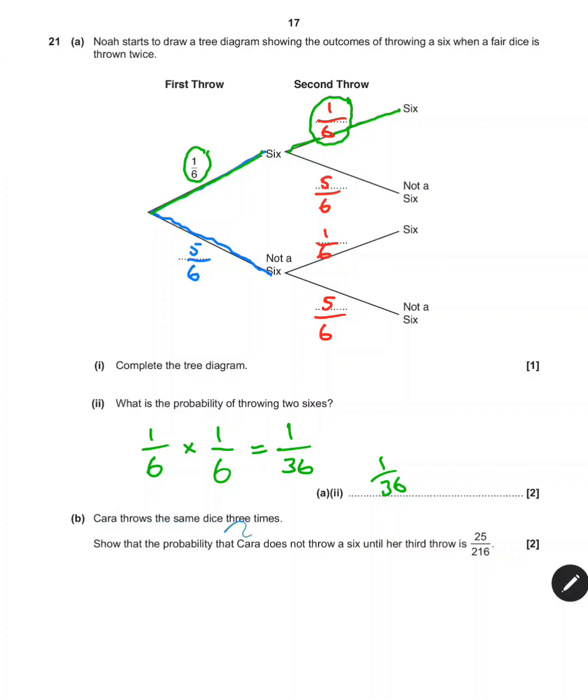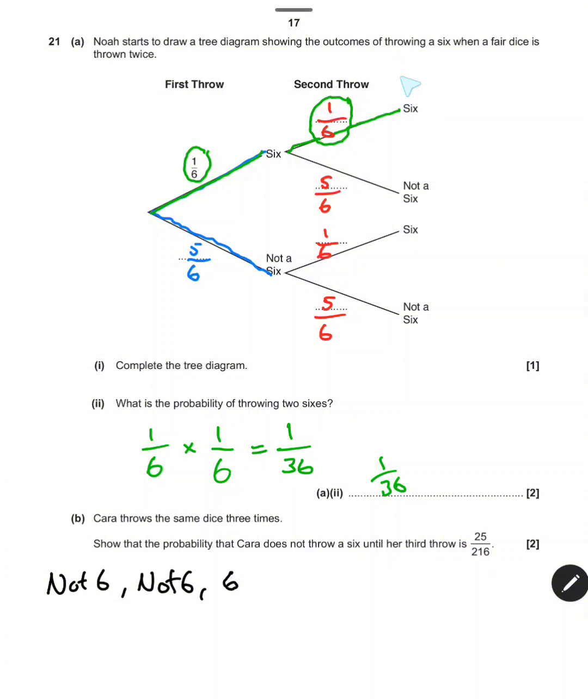Part B, we've got Cara throwing the same dice but 3 times, and we want the probability that she does not throw a 6 until her third throw is 25/216. So what we're looking for is not 6, then not 6 again, and then on the third throw she gets a 6.